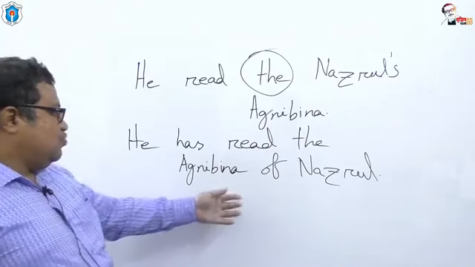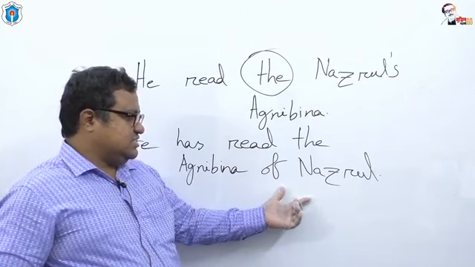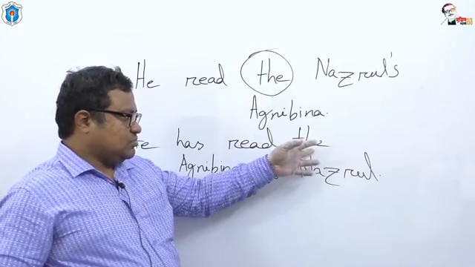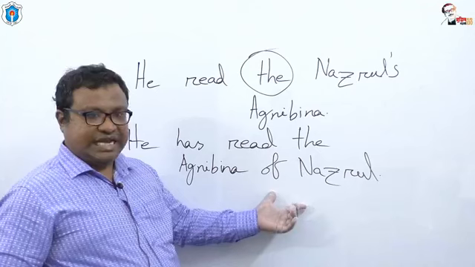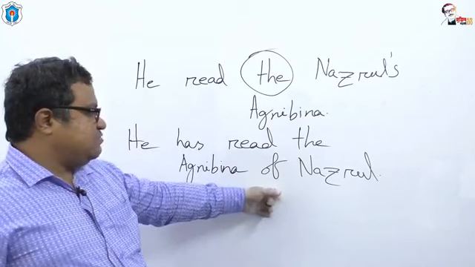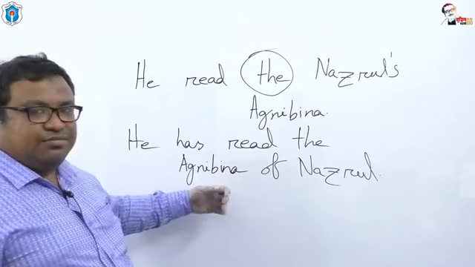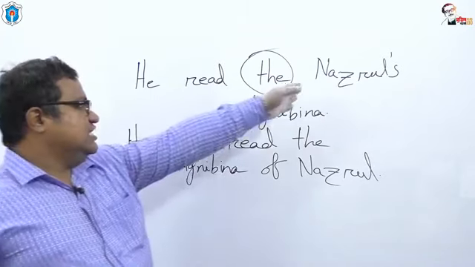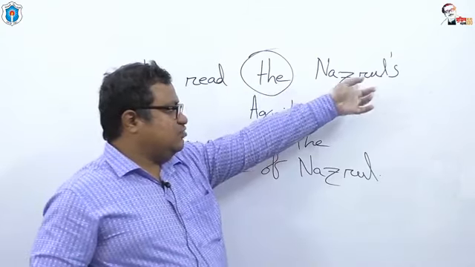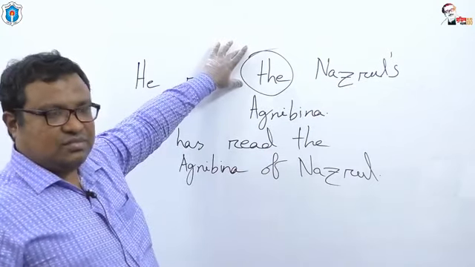That is when you are adding the name of the author with a preposition phrase, then it will be the Ognibina of Nazrul. It will be like this. So we will use article when I am mentioning the name of the author along with a preposition after the name of the book. But if I use the author's name before the book and then along with an apostrophe s, then we will not use any article before that.